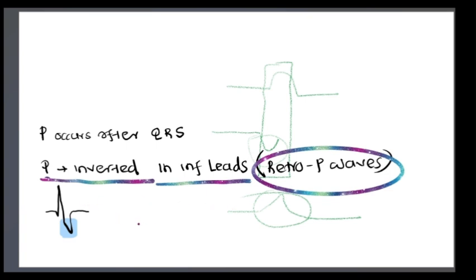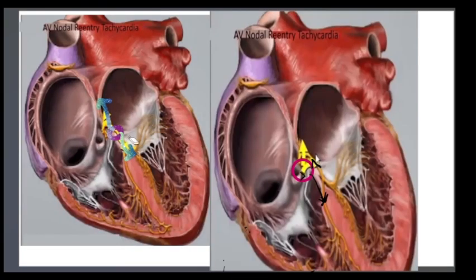The P wave is inverted, and this P wave happens after the QRS complex, not in the beginning. Where usually you get the P wave before the QRS, here you get the P wave after the QRS.